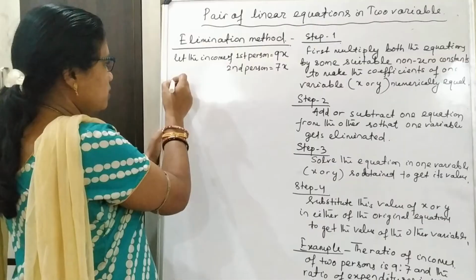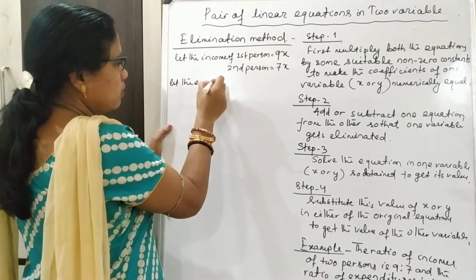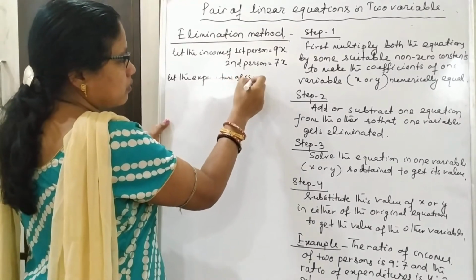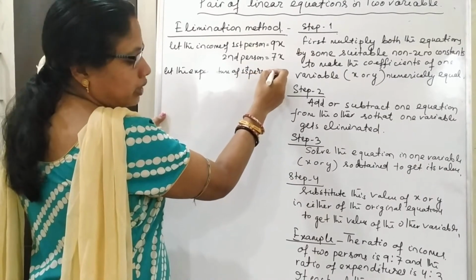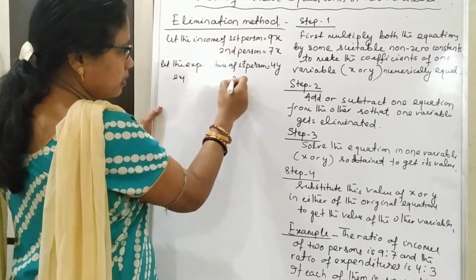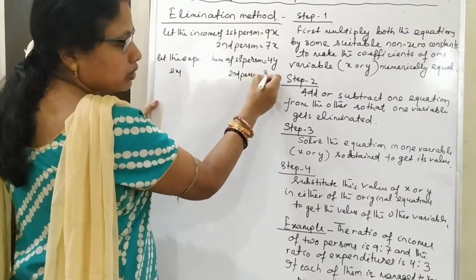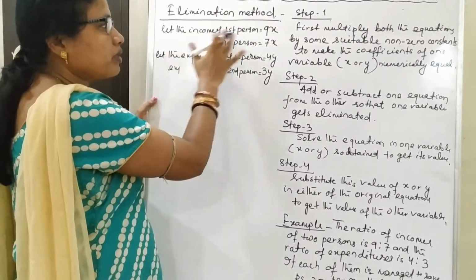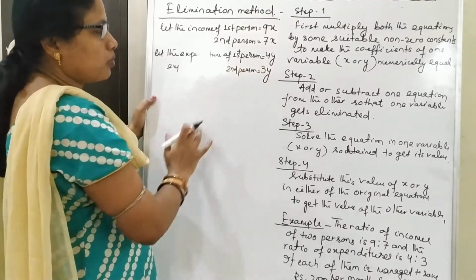Then let the expenditure of the first person be 4y and the expenditure of the second person be 3y. So here I have taken, for income the variable is x and for expenditure the variable is y.